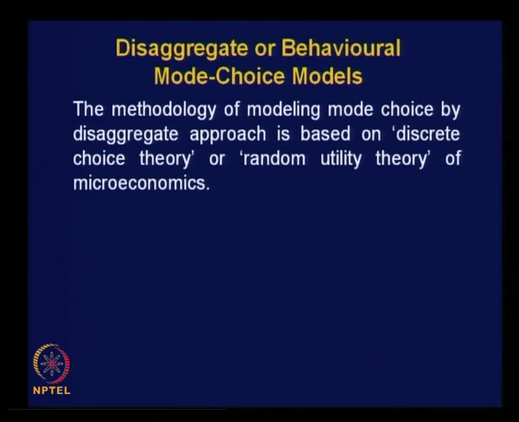That is how this theory is found to be applicable for this particular context. Then the concept of utility has to be understood clearly, because the related information about this theory, the random utility theory, is the input that will be given to this modeling process. So, we need to understand the concept related to random utility theory.